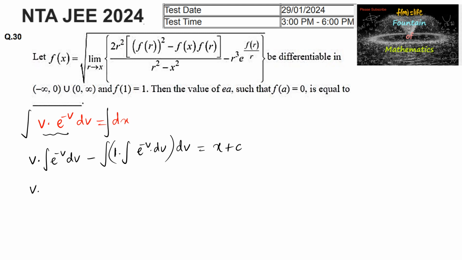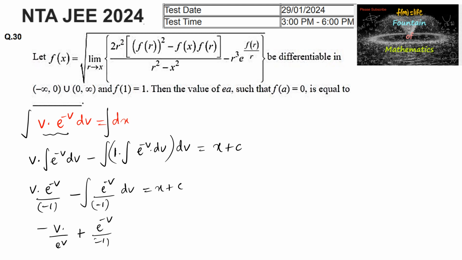So here v into e to the power minus v divided by minus 1, minus the integral of e to the power minus v divided by minus 1 dv, is equal to x plus c.